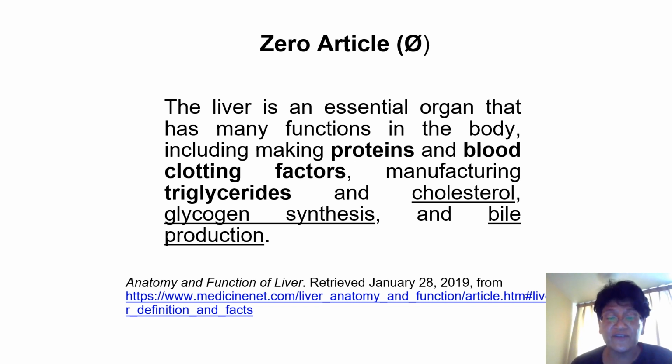In other words, the writer is making generalizations. The non-count nouns underlined, cholesterol, glycogen synthesis, and bile production, refer to all cholesterol or all cholesterol in general, all glycogen synthesis or glycogen synthesis in general, and all bile production or bile production in general.